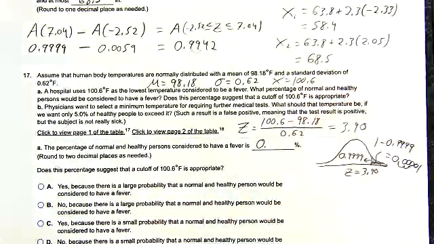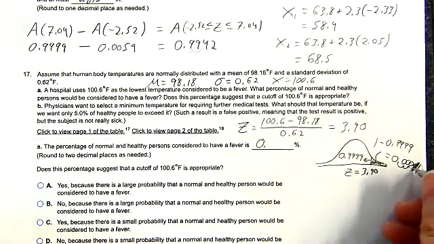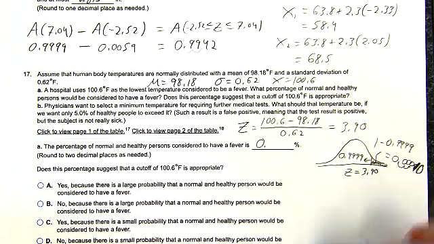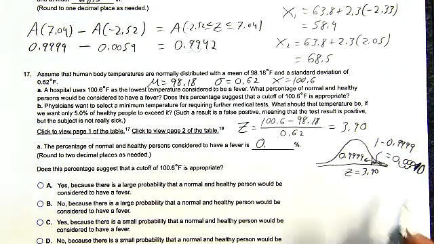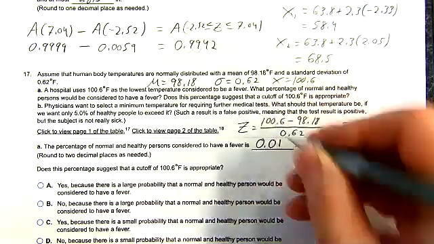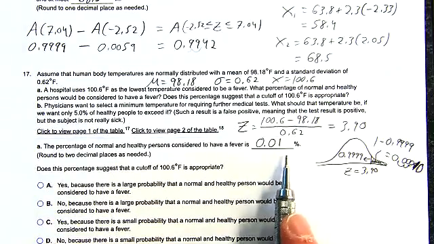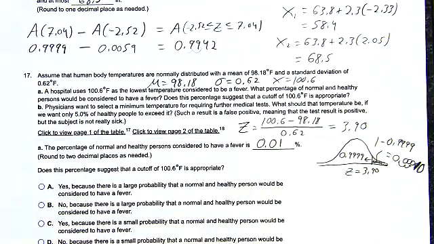Oh, I think I had too many zeros here. There should have been 3 zeros and then the 1. So when I jump it 2 to the right, it would be 0.01%. So there's a 1 in 100th% chance that a healthy person without a fever would have that body temperature of 100.6.